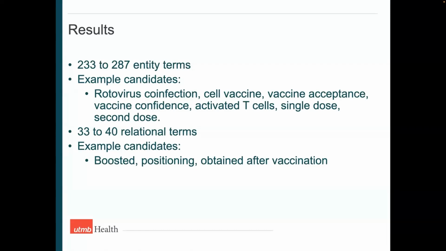From an initial review, there were a few entities that may be potential terms for inclusion into the vaccine ontology's vocabulary. For example, this would include the rotavirus co-infection term, cell vaccine, vaccine acceptance, vaccine confidence, activated T cells, single dose, second dose, and so on.